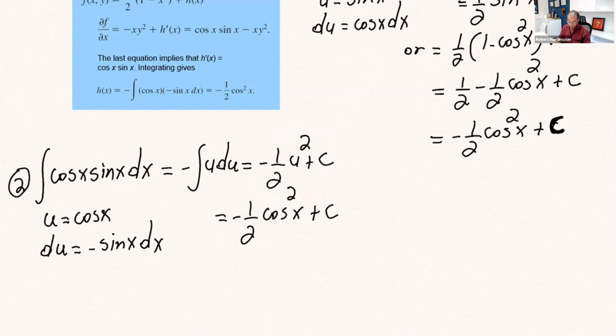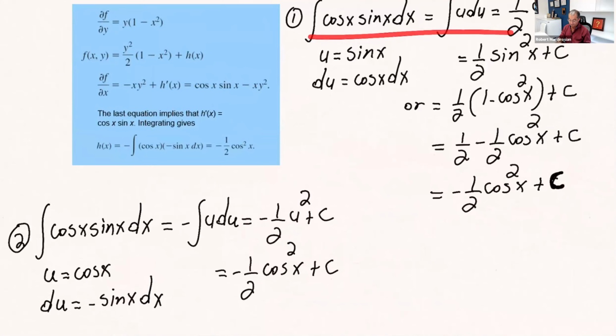But what is u? U is cosine x. So basically we end up with the same answer. Here you didn't need a constant, but this is just to refresh your memories of calculus too, how to evaluate trigonometric integrals.